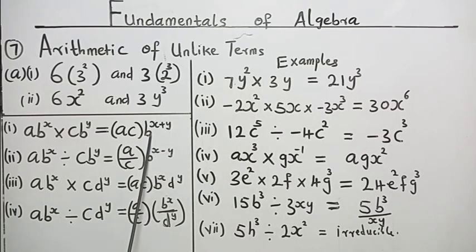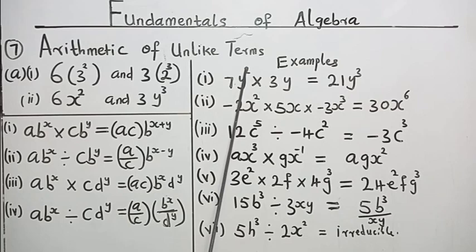Next is the variable. That common variable here is B. But B is the power x here and B is the power y. Likewise, the common variable here is y. Y here is the power 2 and y here is the power 1. So we have to write y. Then the power of the y we're going to have is going to be by adding the constituent powers of the common variable.